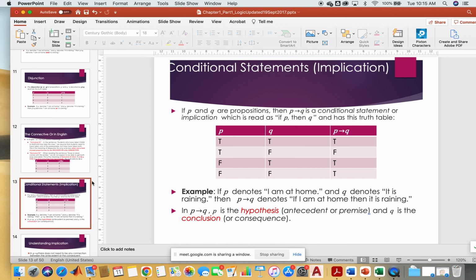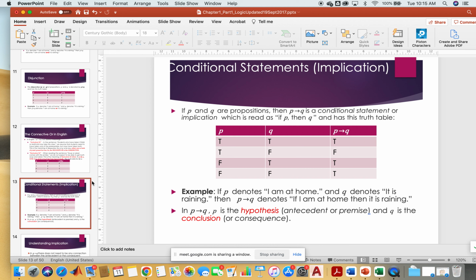The truth table will have, I think it will look like this. It will be P, Q. This one, true. For example if this is true, then this one will be true, this one also true, then this will also be true.